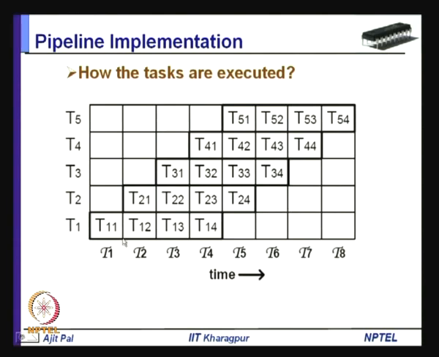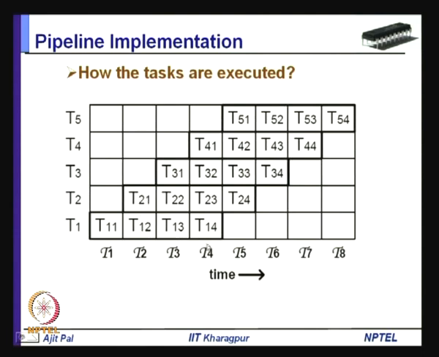And then before the completion of task T1, after subtask 1 of task 1 is completed, in time slot tau 2, we are starting subtask 1 of task 2. So, T21 is the subtask 1 of task 2, and so these two are getting executed in an overlapped manner, because we have different stages which are able to perform these subtasks.